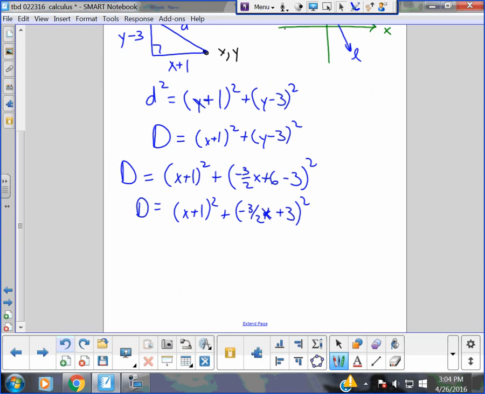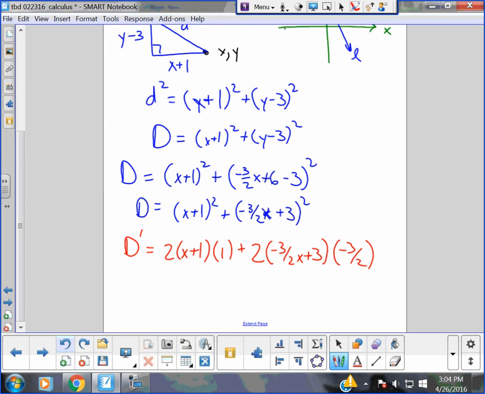And everybody, I can take the derivative of this. I'll do it with the chain rule. I can find D prime is equal to, take the derivative, 2 times x plus 1. Derivative of the inside is 1. I'll write it here so we remember we're doing it. Plus 2 times the inside, which stays the same, times the derivative of the inside, which is negative 3 halves.